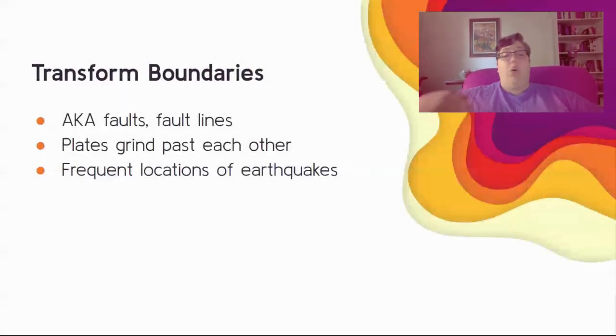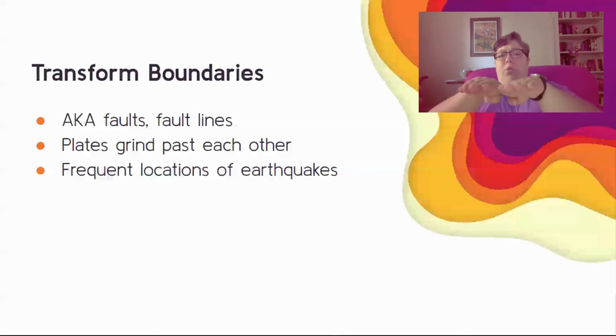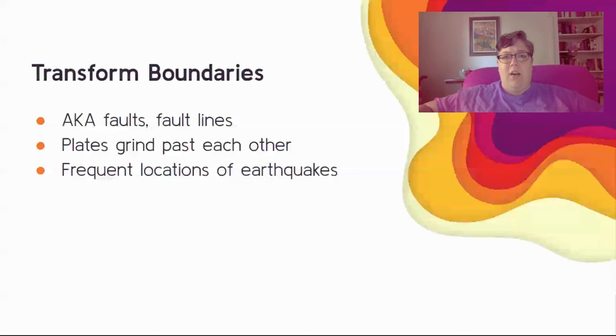Along faults, or you'll hear them called fault lines, the plates are grinding against each other, because just because they're moving does not mean that there aren't all kinds of little edges that could catch on one another.